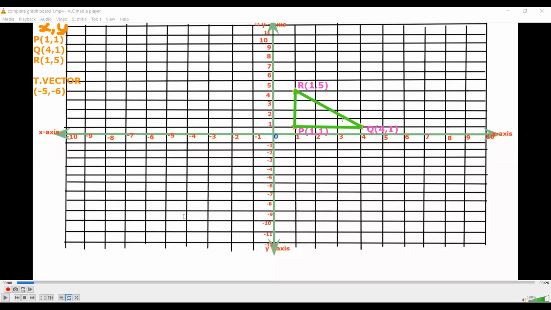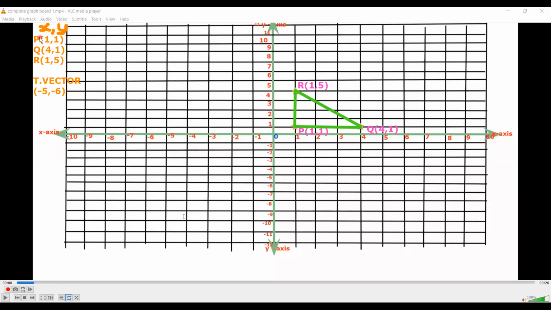So once you have done joining the points, now you are going to move each point. We said each point must move by the same translation vector. So when you take the point P first, once you add the translation vector to that, you get the image, or you can also move manually. You can also move them manually by counting to verify whether what you calculated is accurate.